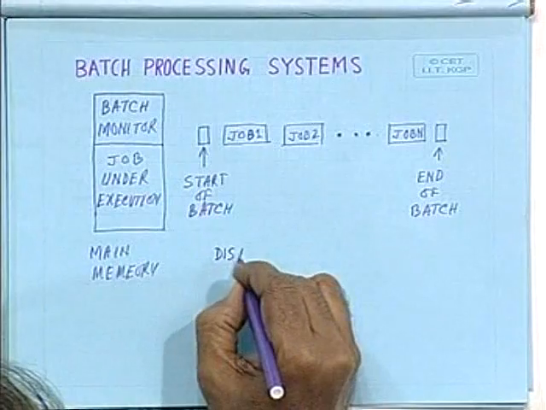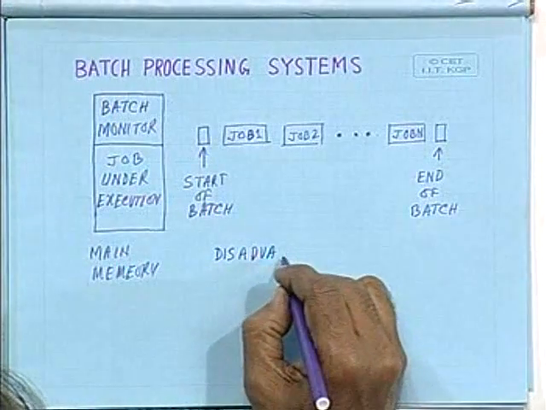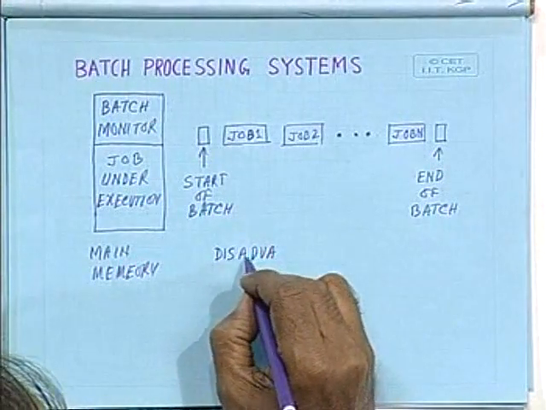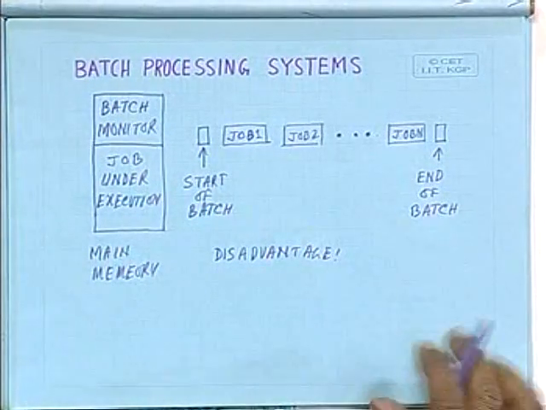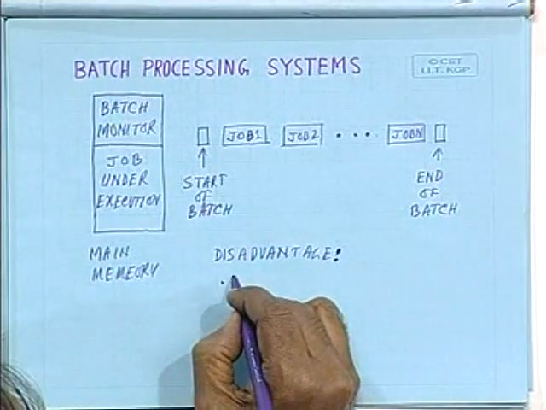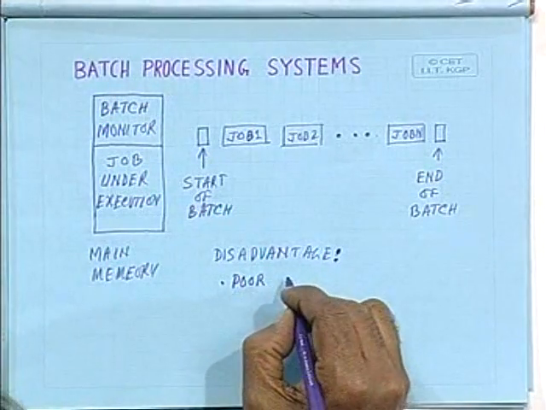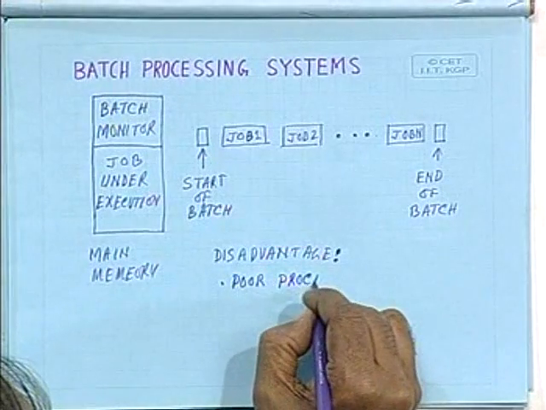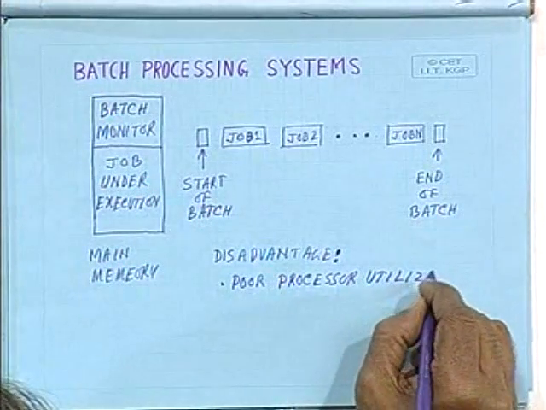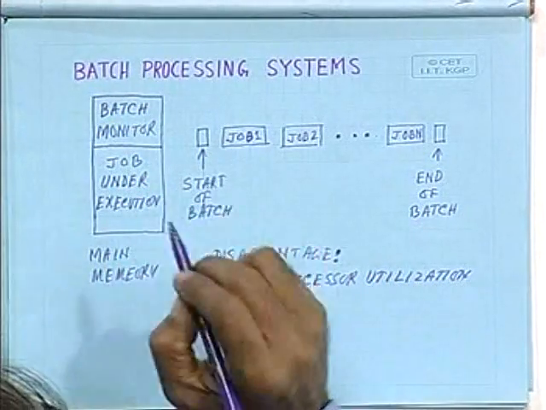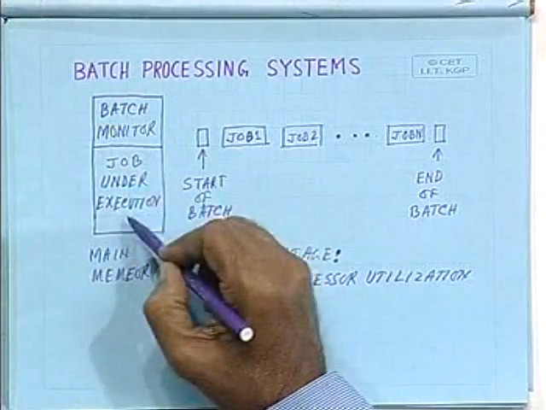Now, what is the disadvantage of this particular mode? First of all, it leads to poor processor utilization. Why? As you can see here, it is loading one job, and a particular job may require some IO operations.